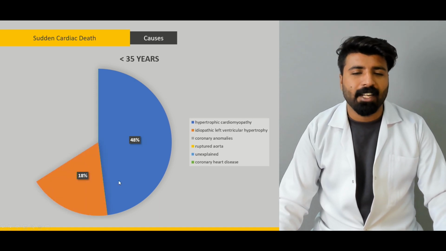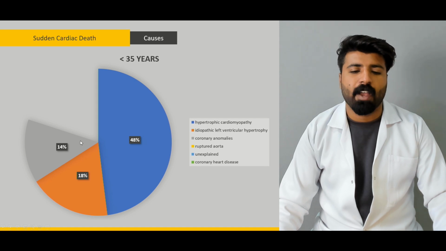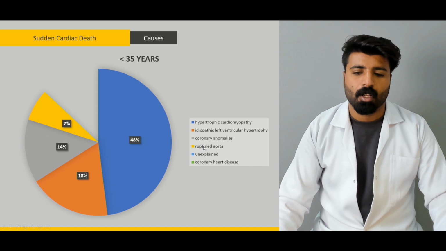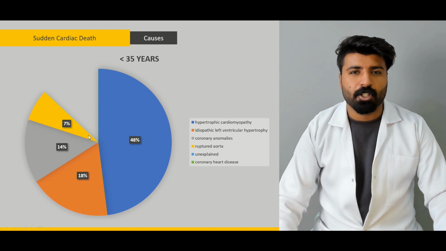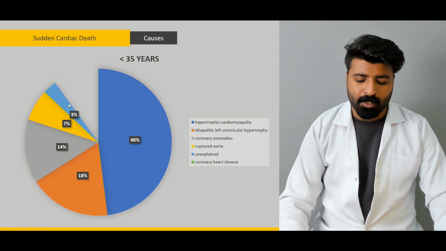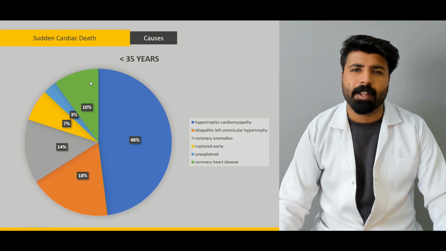Next on, 18% are due to idiopathic left ventricular hypertrophy. Next on, we have 14% coronary anomalies, 7% ruptured aorta, 3% are unexplained up till this point, and coronary heart disease accounts for 10%.